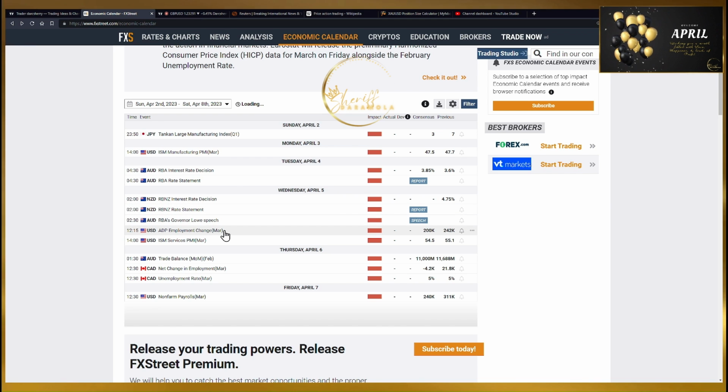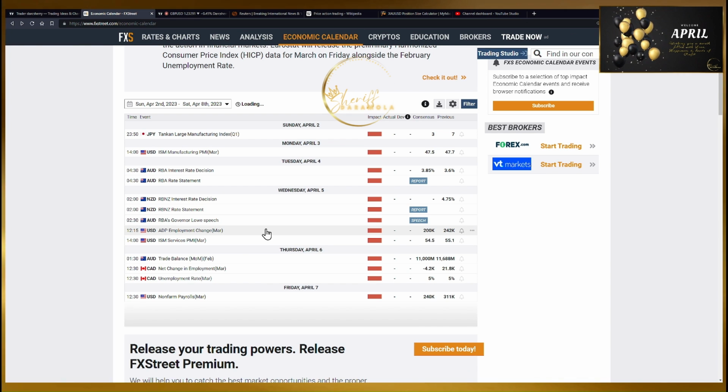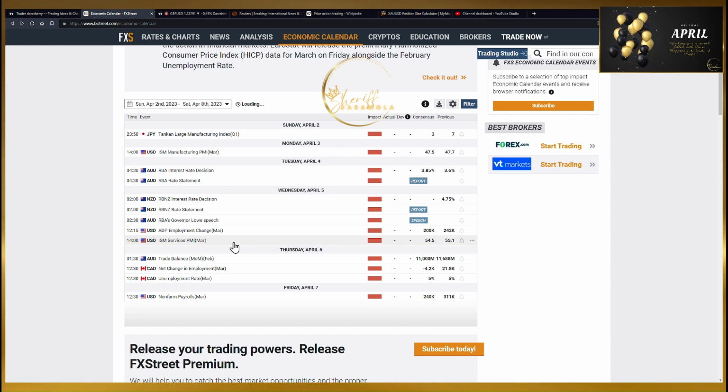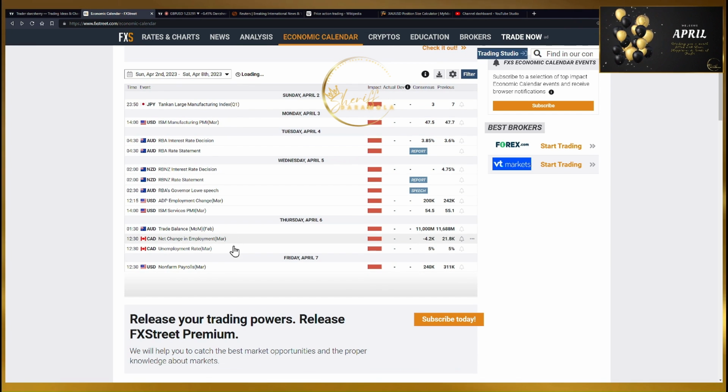Then we also have the ADP employment change, which gives us the measure of the change in the number of employed personnel in the US. And this is also another event we want to be looking forward to. Then also on that same day, we have the ISM services PMI, which shows the business conditions in the US non-manufacturing sector. Another high impact event as well.